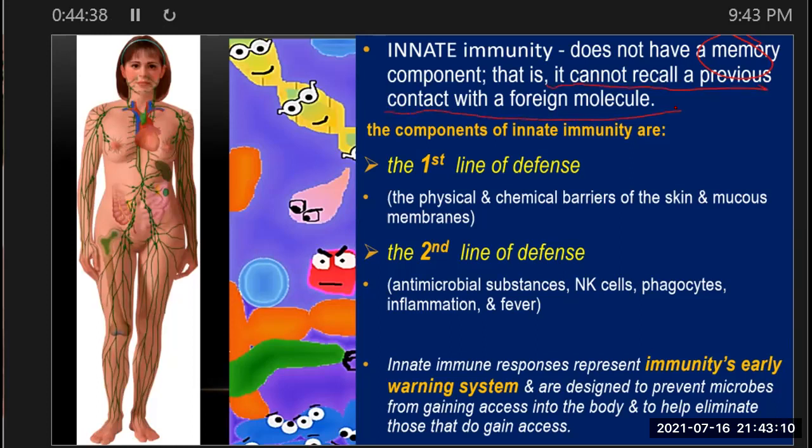The components of the innate immunity are the first line and the second line. First line: physical and chemical barriers of the skin and mucous membrane. Second line: antimicrobial substances, NK cells, phagocytes. Take note, inflammation and fever. We cannot really say that you like having a fever, right? Of course, who would want to have one?